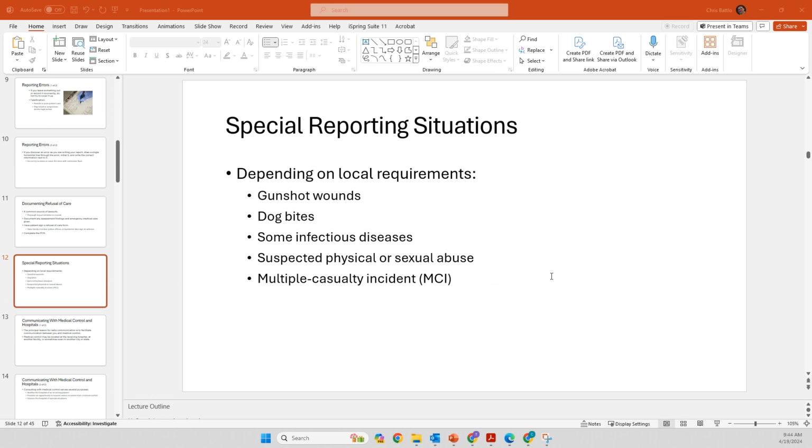Most places have a requirement that you report the following things: gunshot wounds and or criminal type things, dog bites, infectious diseases, suspected physical or sexual abuse of especially minors and elderly, and any mass casualty incident, which obviously gets reported typically through dispatch.